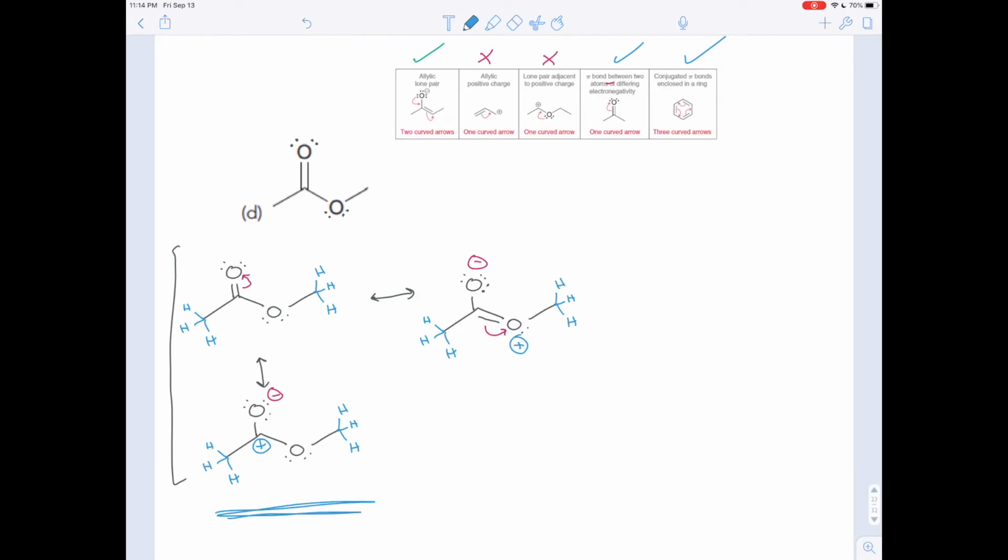Now we want to go through all 5 patterns with this last structure that we have. First, is there an allylic lone pair there? There's not. There's no double bond in this molecule, so you can't have a lone pair that's one atom away from a double bond. How about an allylic positive charge? No, we don't have a double bond, so nothing can be allylic. How about a lone pair adjacent to a positive charge?